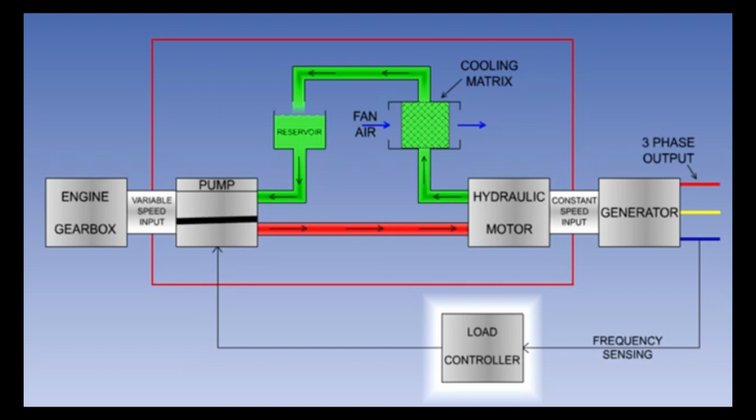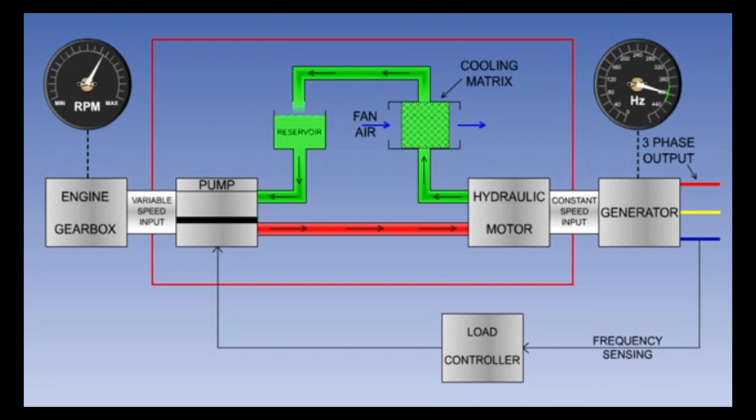The load controller senses the output frequency of the generator and is responsible for increasing or decreasing the output of the hydraulic pump to vary the torque output of the hydraulic motor to the generator drive in order to maintain a constant frequency output. Most CSDUs are capable of maintaining the alternator output frequency within 5% of 400 Hz. That is, between 380 and 420 Hz, throughout the engine's full RPM range.